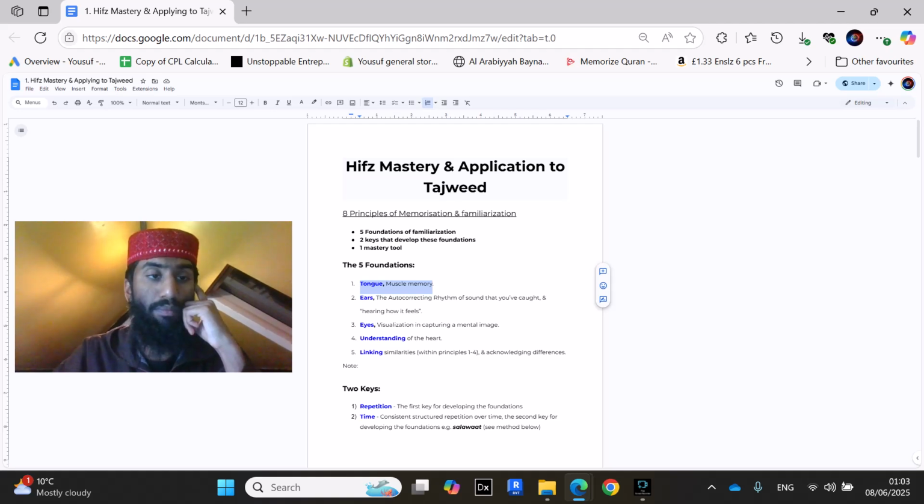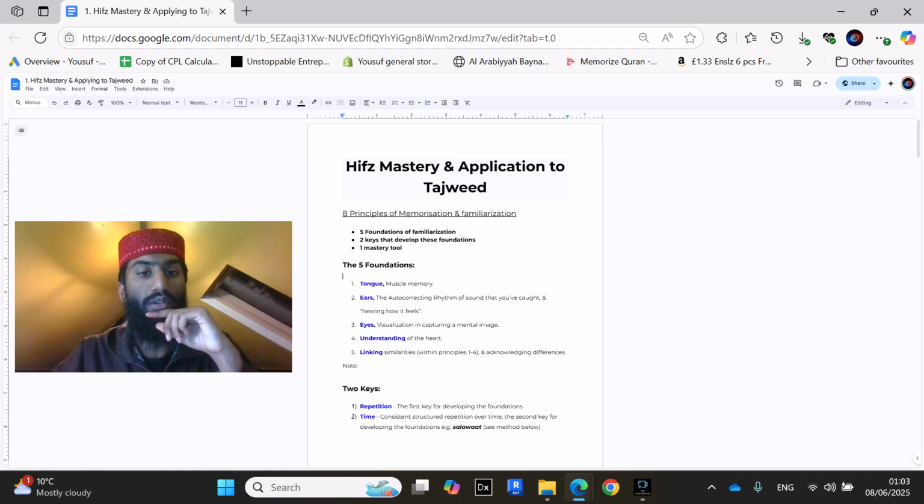This is lam, another lam, right? Or you maybe feel that a certain letter feels like it's in the same place as another letter, for example. Linking the rhythm: one of them is the same as another rhythm, right? But the differences may be that they are different letters and they feel different.